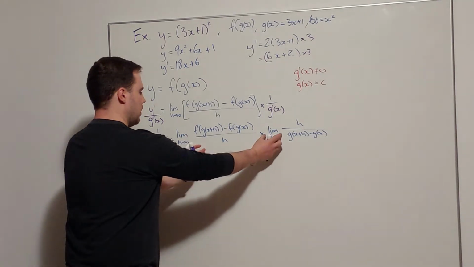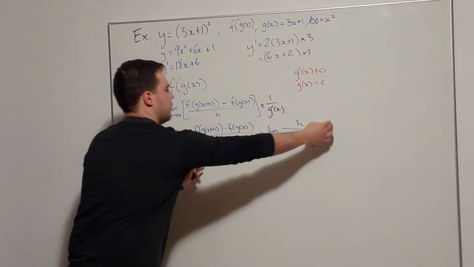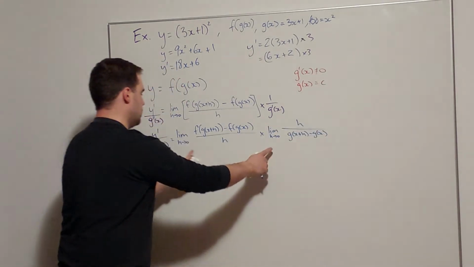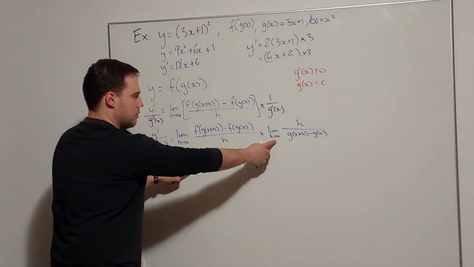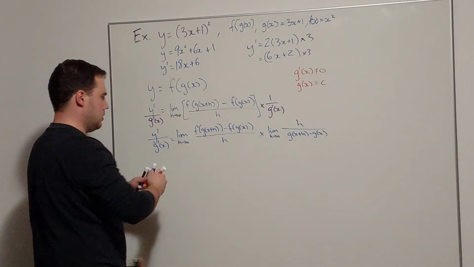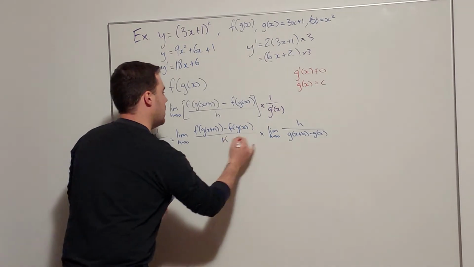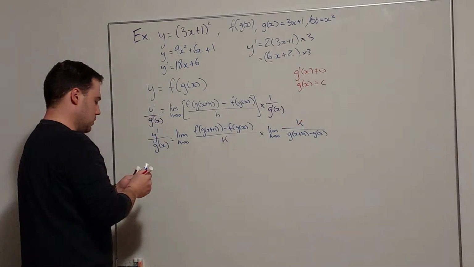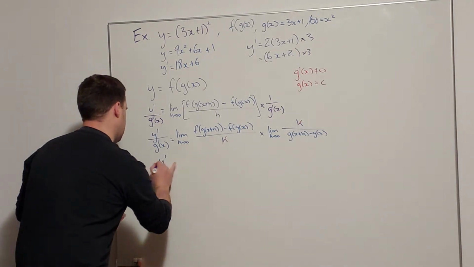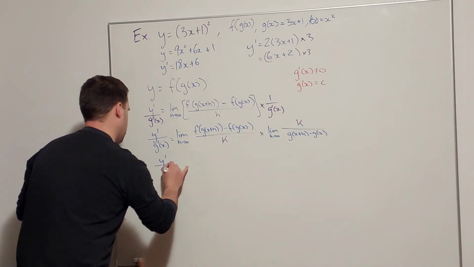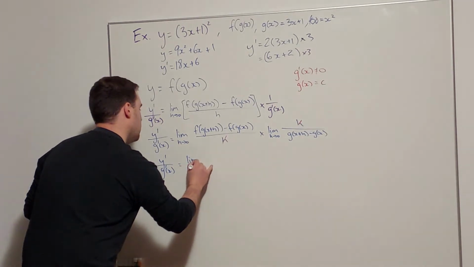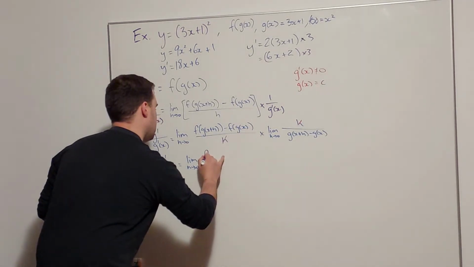So we can times both of these fractions inside the same limit because it's the exact same limit, right? So that means that our h over h there is going to cancel out. And we're going to have inside the same limit, we're going to have this guy up here.